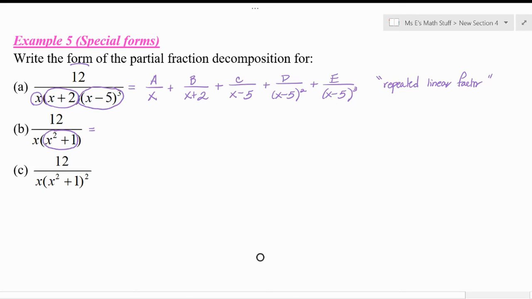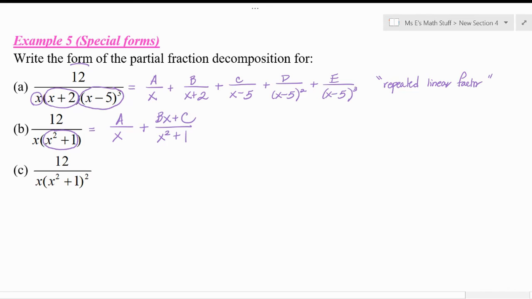So in that case, the form would be a constant over x plus, and then what I'm about to say should make more sense to you now that you are in Calc BC as opposed to Algebra 2 or Pre-Cal. Since you have a quadratic factor, since the degree of the denominator is 2, we would put something that's degree 1 above it.